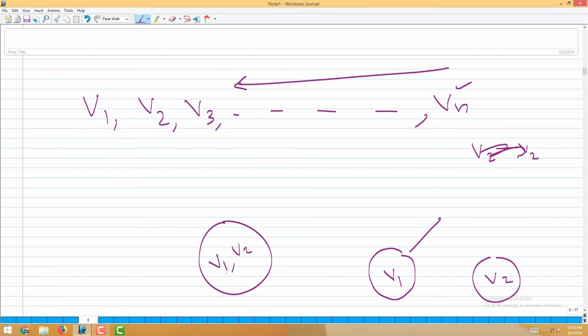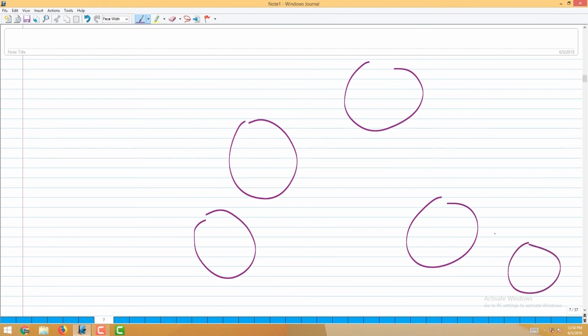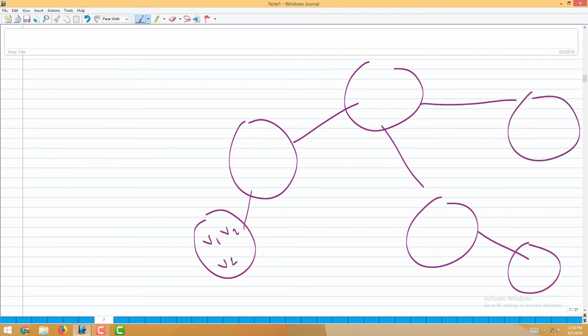So what I am going to do is to construct a tree structure of bags, something like this. In this there will be many vertices V1, V2, V4, V10, V11, like that, each bag will contain. The property will be that each of these bags will be a maximal clique.